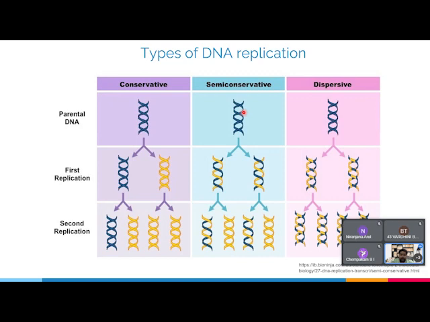Next question will be, which experiment was done in order to determine which of the three types of DNA replication actually occurs? Who were the scientists who performed the experiment to differentiate between the three types of DNA replication processes?